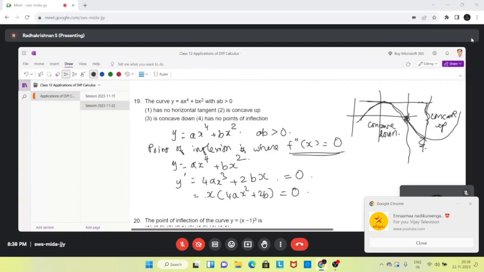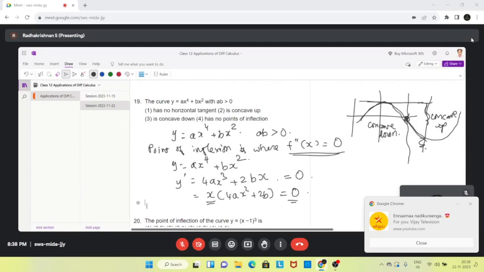So either x can be 0 or 4x square plus 2b equal to 0. But x equal to 0 is one possible value. That means it has got a horizontal tangent. At x equal to 0, the slope is equal to 0. So option one is not true.